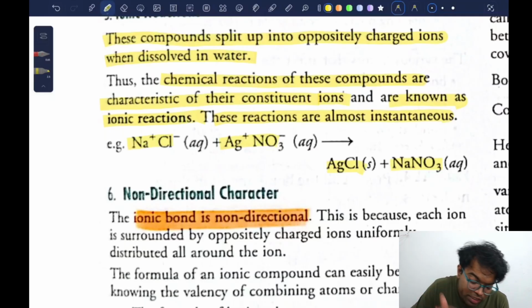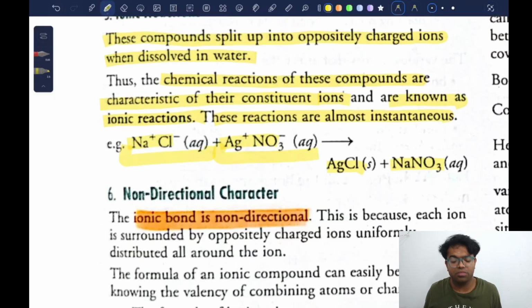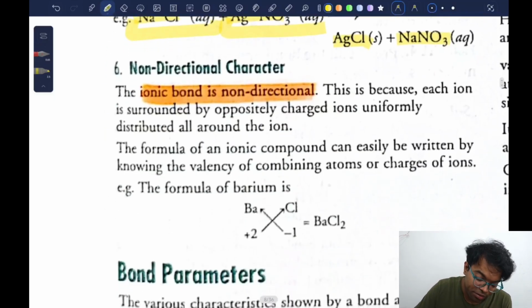Now, because these two were present in aqueous solution, they were already split into their ions. So as soon as you brought them next to each other, the reaction just instantaneously finished. It's very fast.